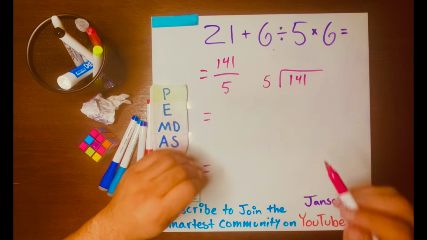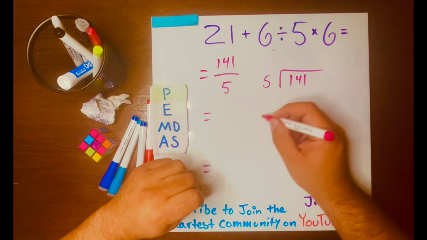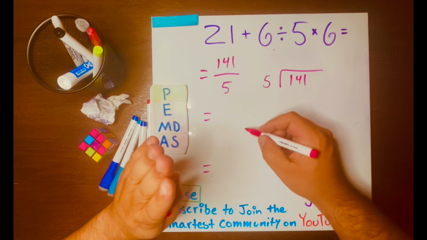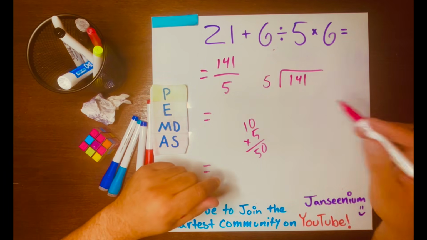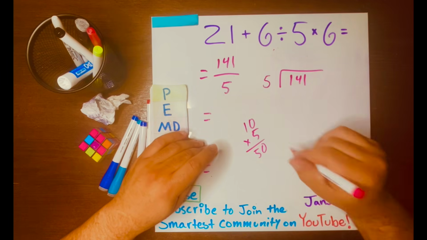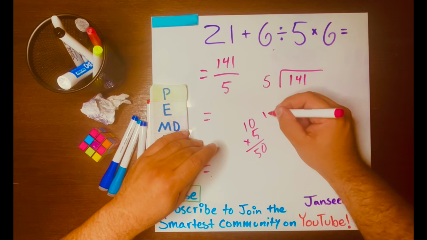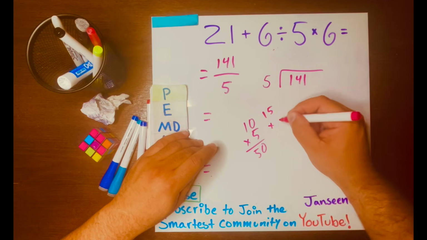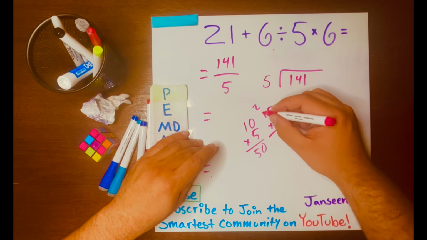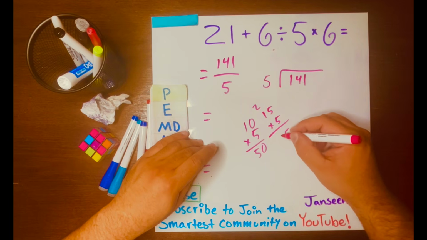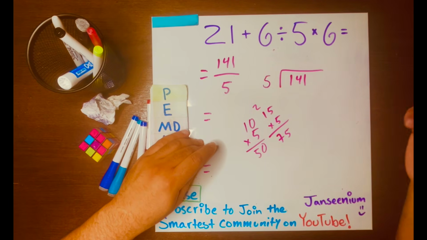That's the divisor. So I know that 10 times 5 is 50. That's way off 141. So I need to do maybe 15 times 5. So 5 times 5 is 25. 5 times 1 is 5, 6, 7. So that's 75. That's way off.